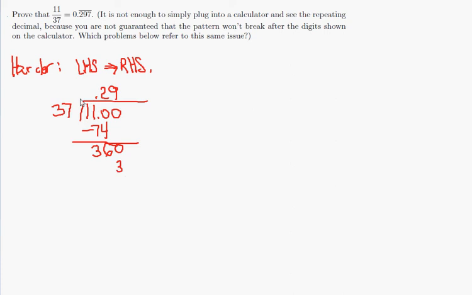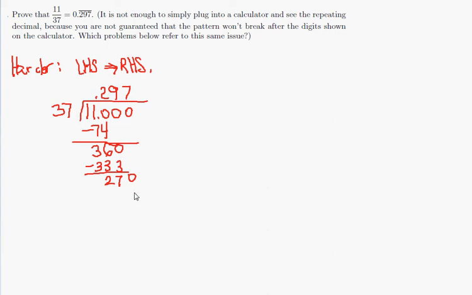Carry the 6. 9 times 3 is 27, plus 6 is 33. That brings down 27. Bring down the next 0.